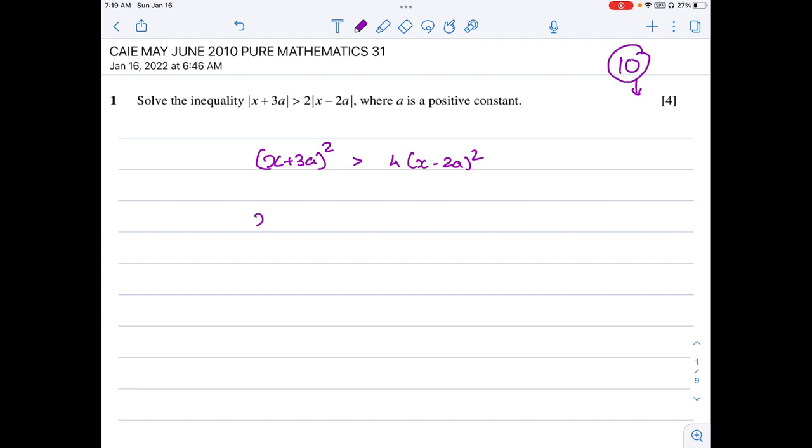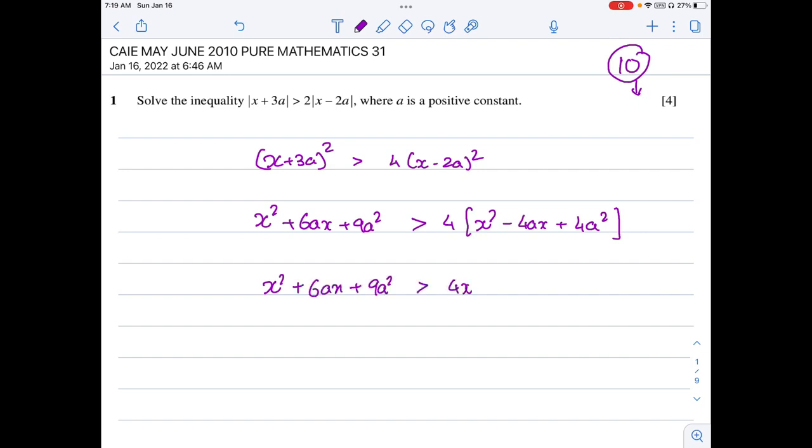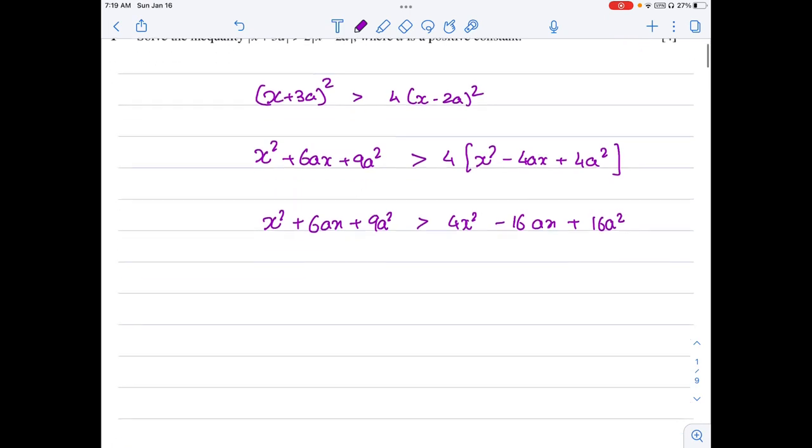I expand that: x square plus 6ax plus 9a square is greater than 4 times x square minus 4ax plus 4a square. Then it becomes x square plus 6ax plus 9a square is greater than 4x square minus 16ax plus 16a square. Bring all the terms on one side.